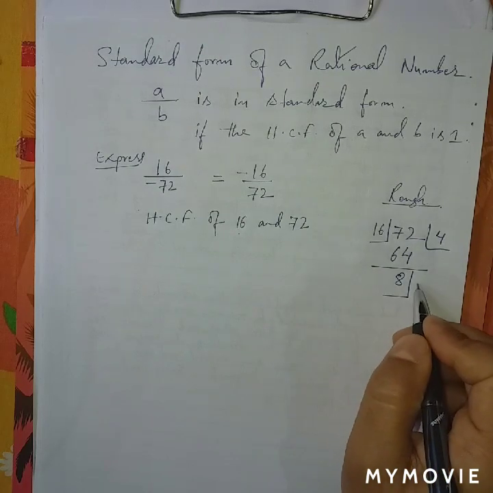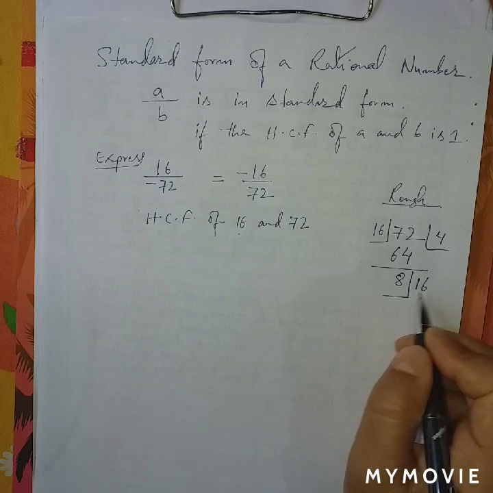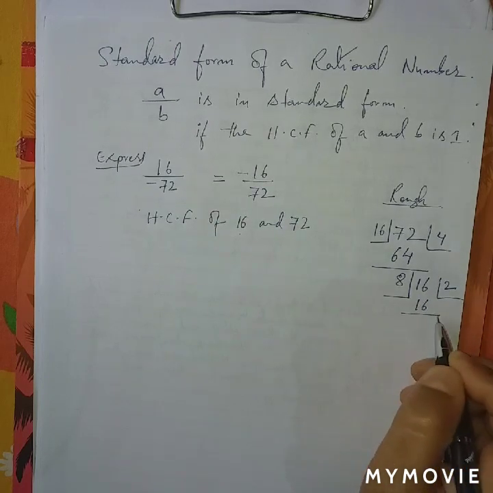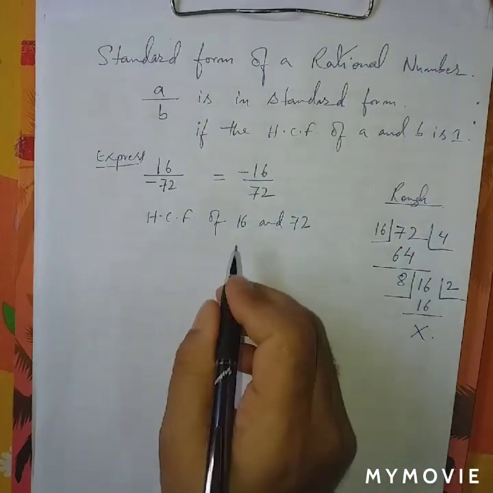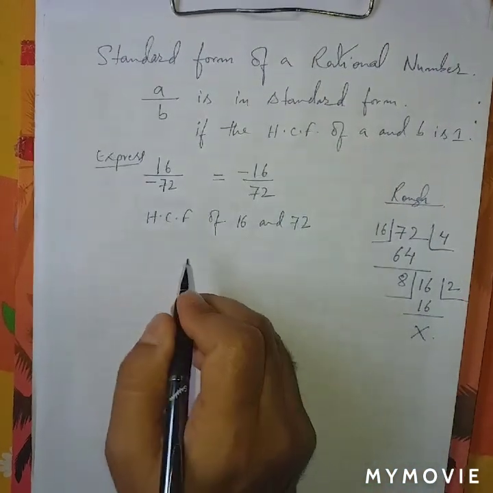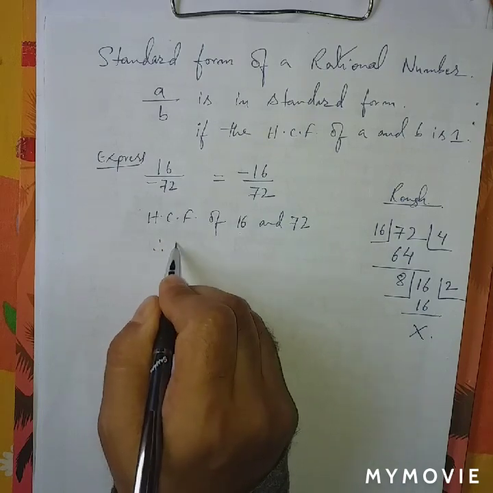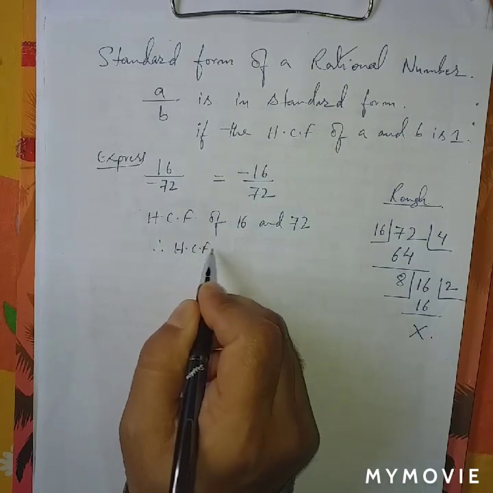So this 16 will divide by 8, 8 2s are 16. So therefore HCF of 16 and 72 is 8.